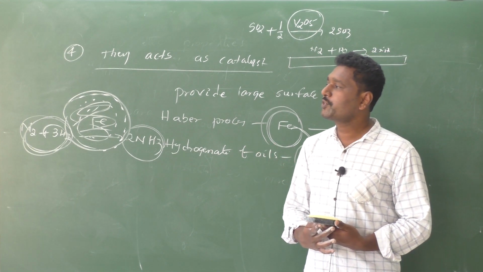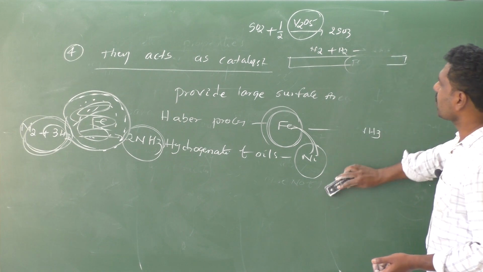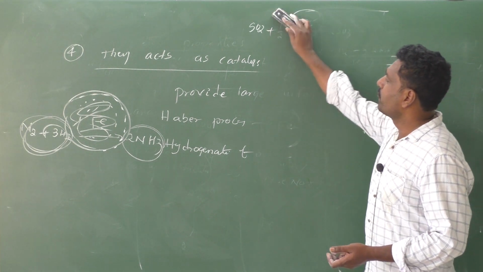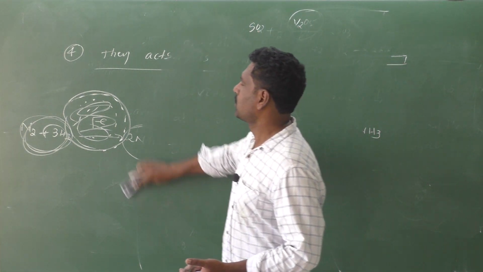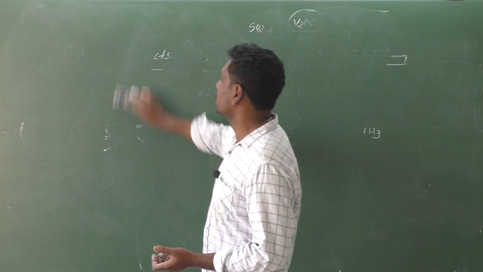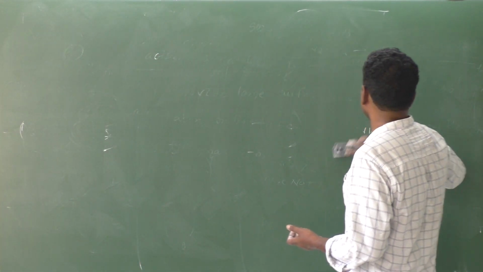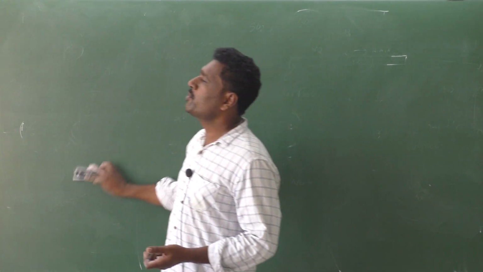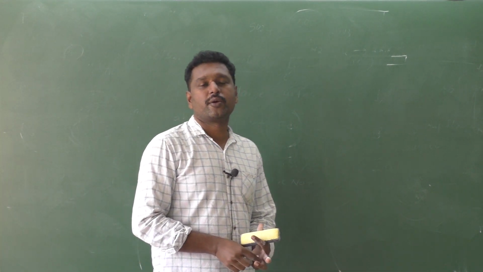After that, the fifth property is formation of alloys. What are alloys? Alloys are homogeneous mixtures of two or more metals.